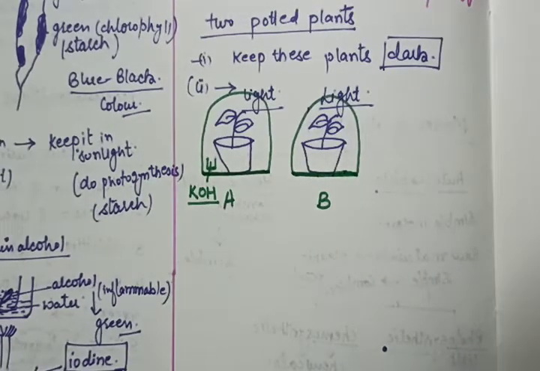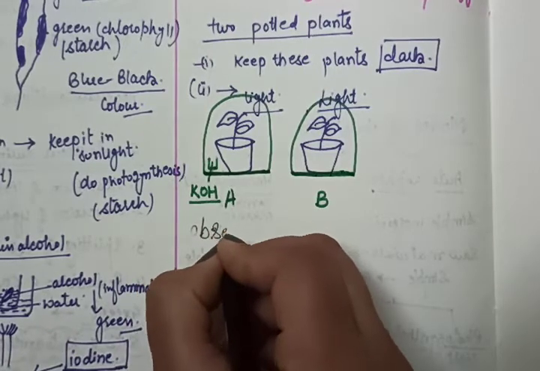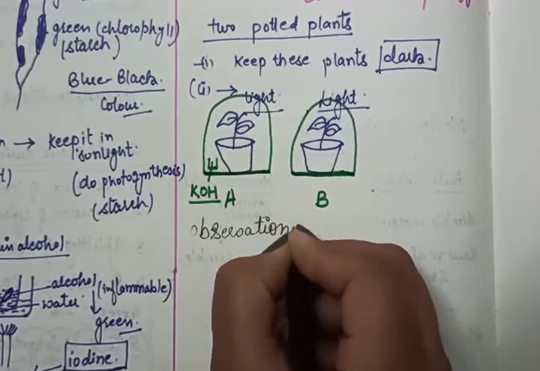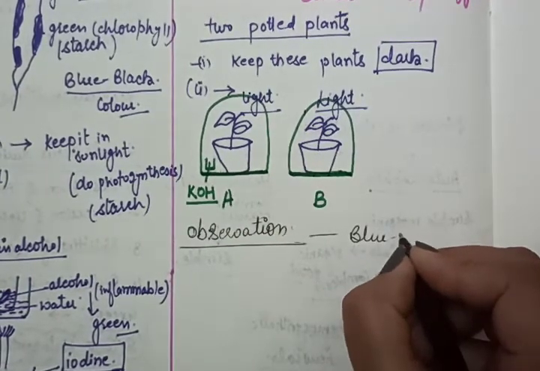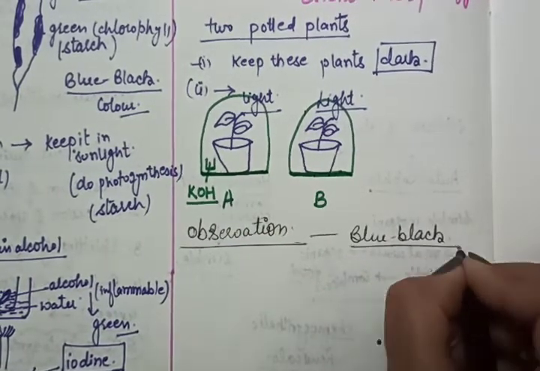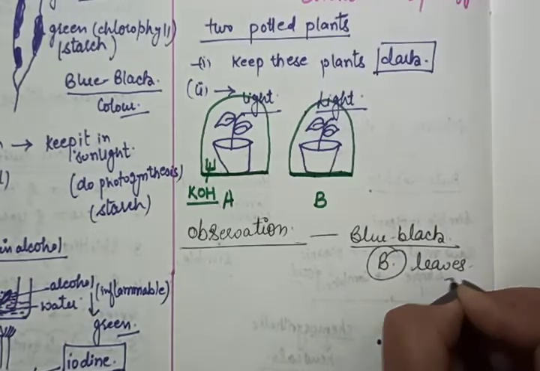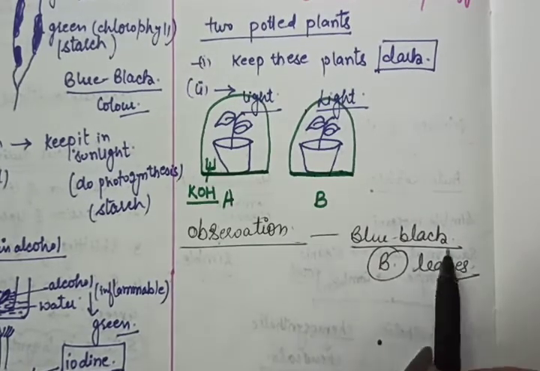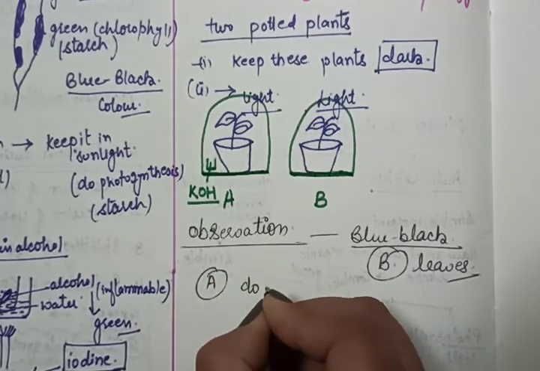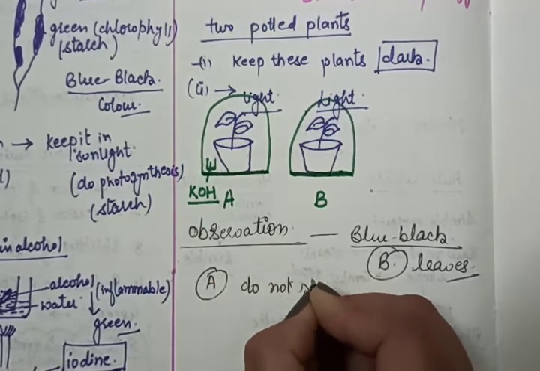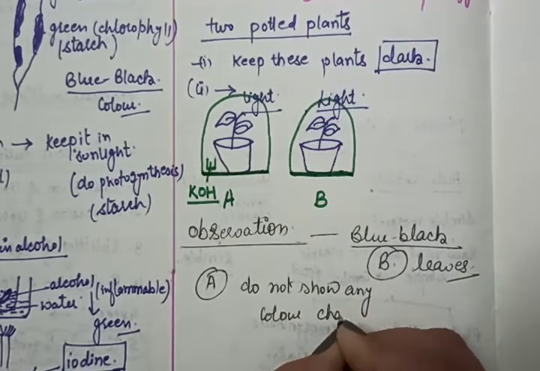What are our observations? The B plant leaves show the blue-black color and the A plant leaves do not show any color change.